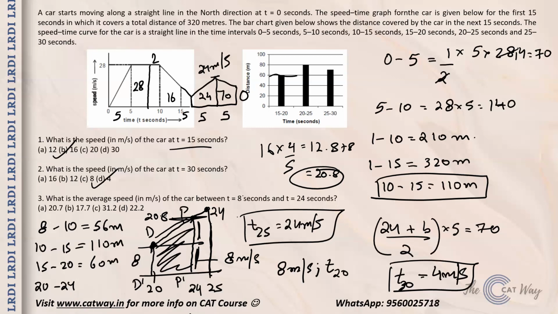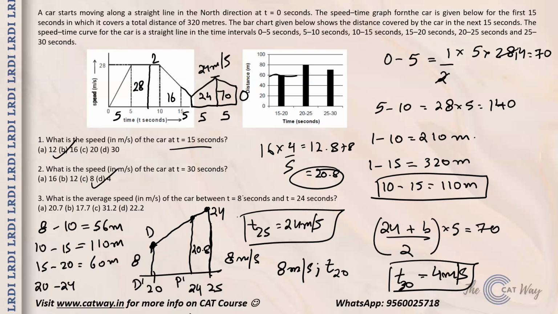Okay, so let's get the area cleaned a bit. What we have over here is that this is the height, and this height had turned out to be 20.8, right? Now, for calculating the area of the trapezium, we need the base.